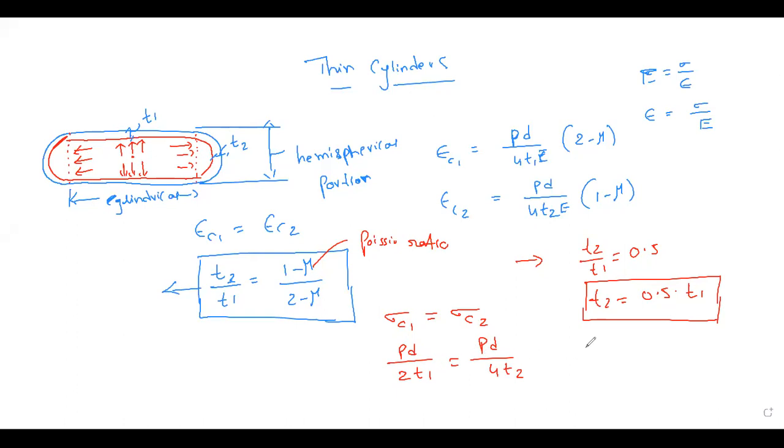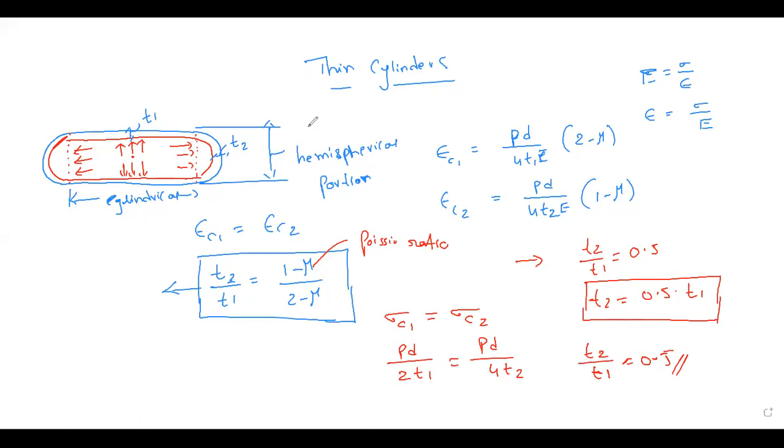By equating these two, what will you get? T2 by T1 is equal to 0.5. So this is the stress which is acting in the cylindrical portion, and this is the stress which is acting at the end in terms of a longitudinal stress. That's how this is going to be achieved.